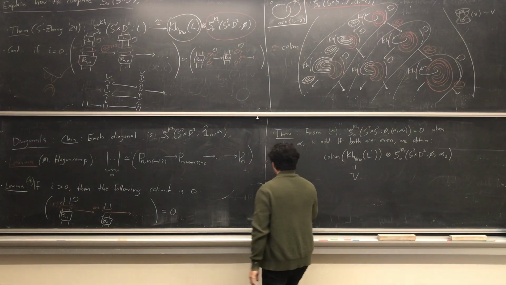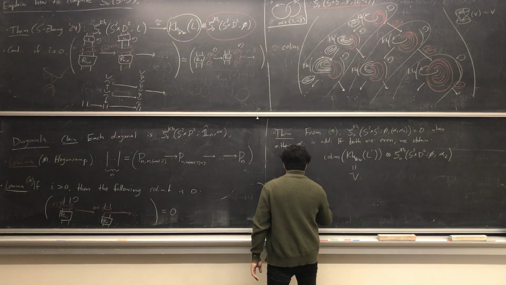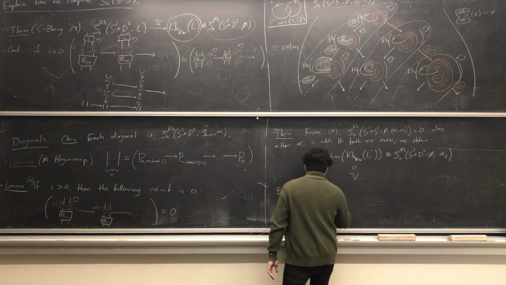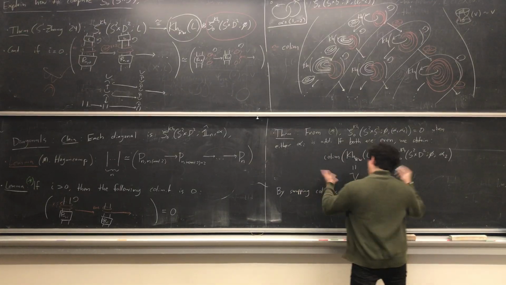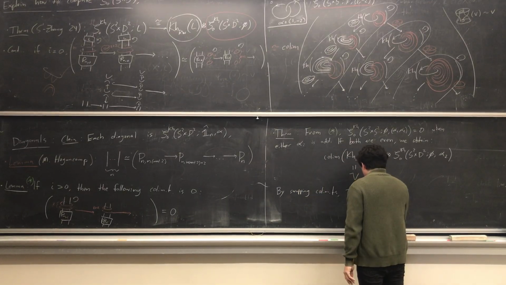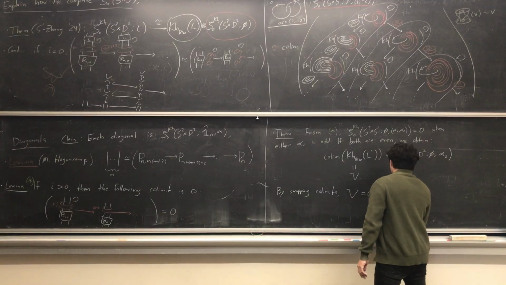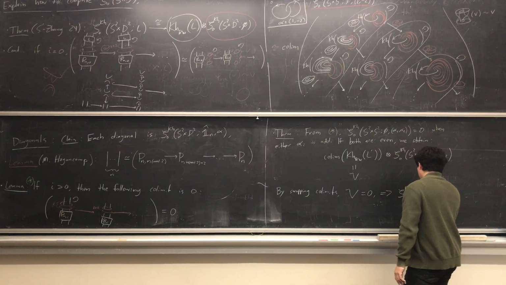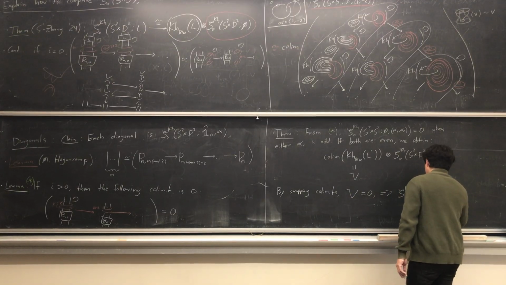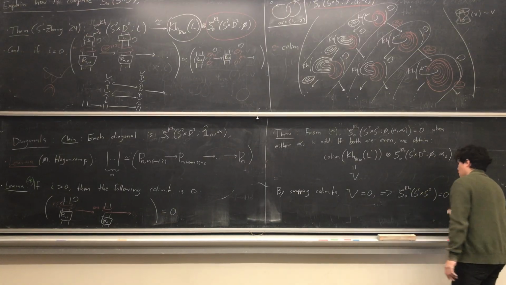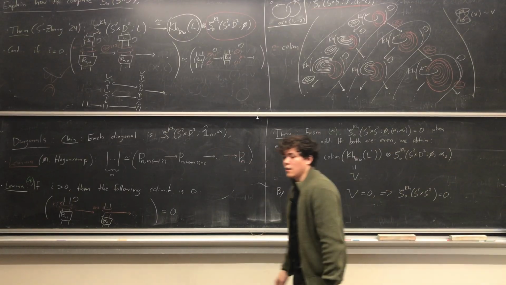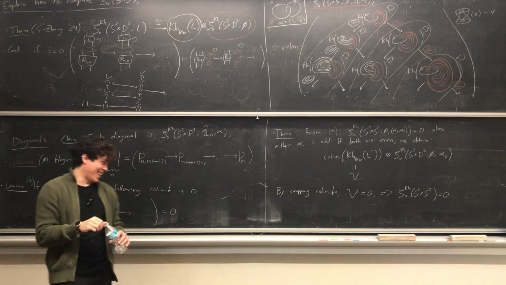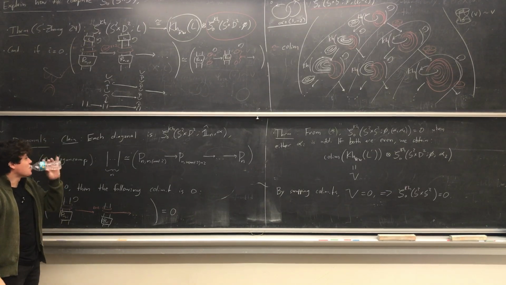So by swapping colimits, this colimit of Rozansky-Willis homology groups is 0, and that implies that the lasagna module of S2 cross S2 is 0 for all skein gradings. Okay, I think I will stop there. Oh my god, that was so long.